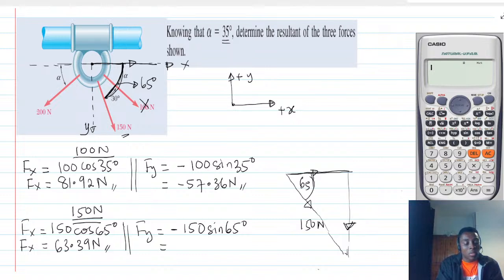So 150 sine 65. And what is that? 135.95.